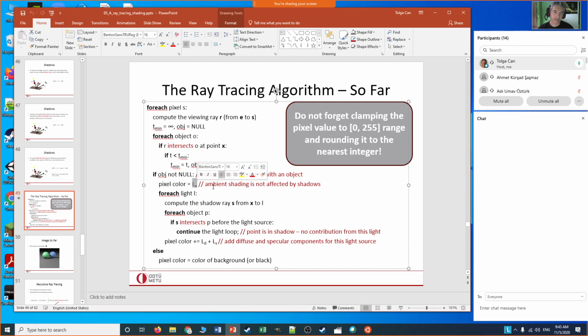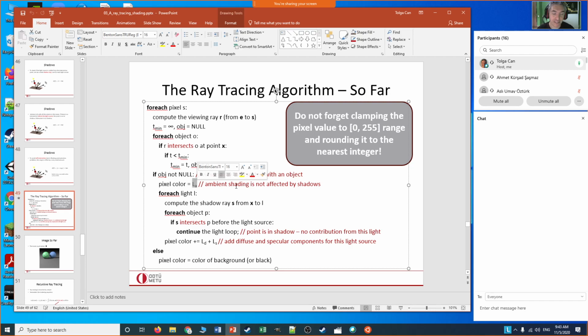And as in assignment 2, the materials will have different reflectance coefficients for different components of that color that is accumulating. So for ambient, the object may act like a red object. If its reflectance coefficients are 100, we are going to multiply 100 with the ambient light source intensity.